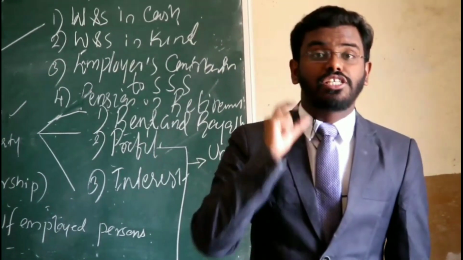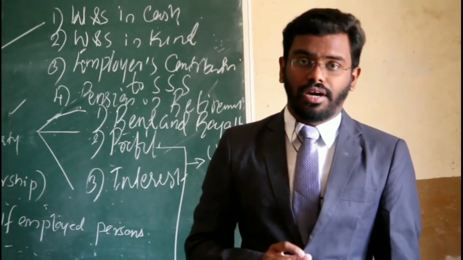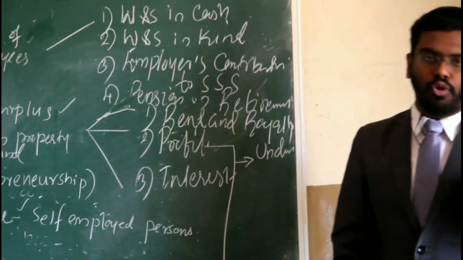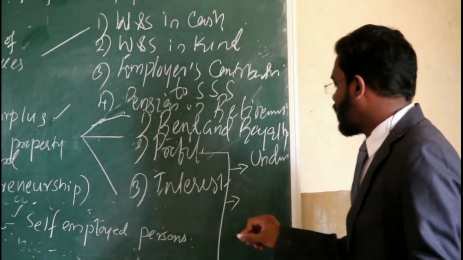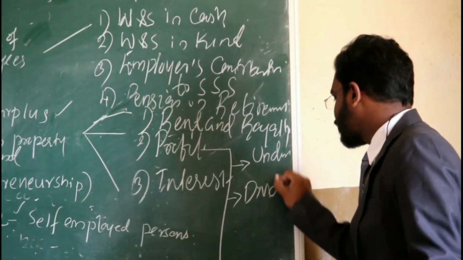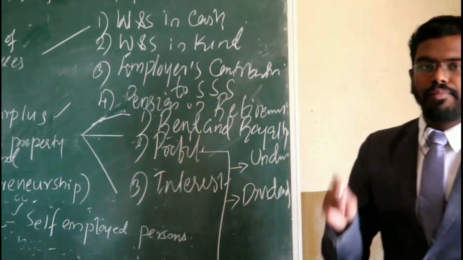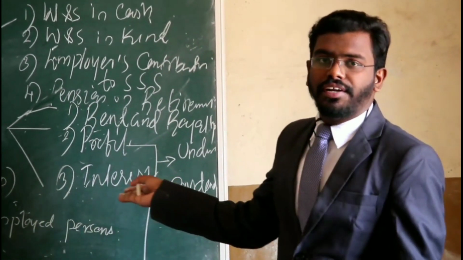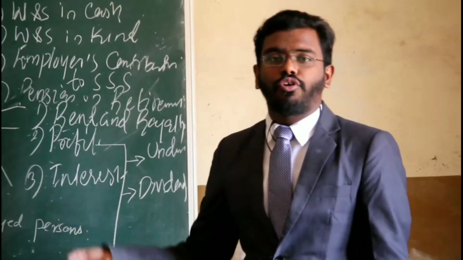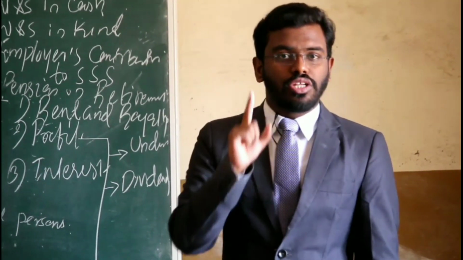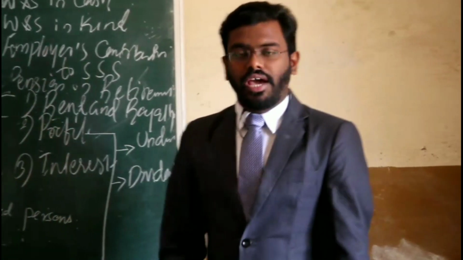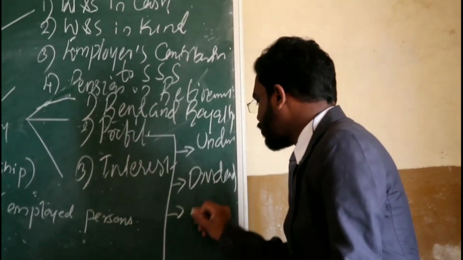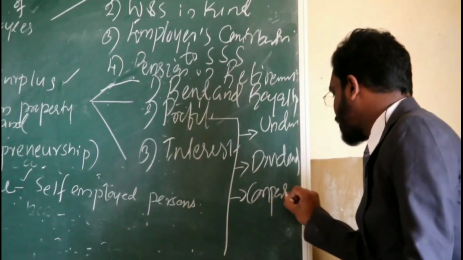That is known as undistributed profit or retained earnings, and that is a part of profit. The second one is dividend. Dividend means return on share. The producer needs to pay dividend to his shareholders, so that is a part of profit. Next one, corporate tax.